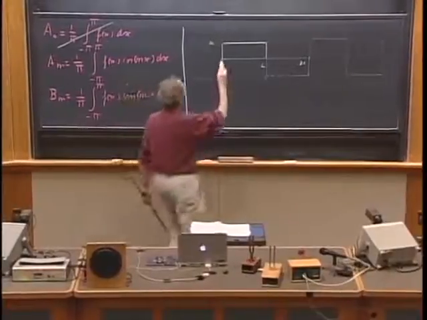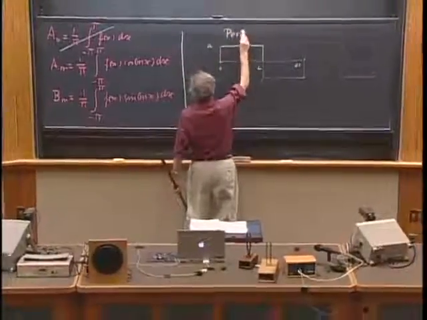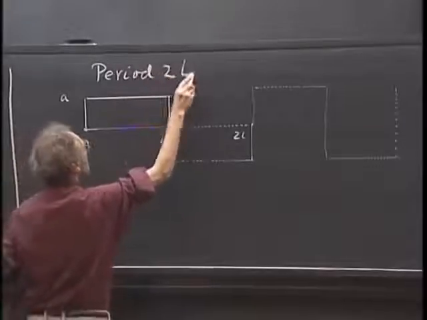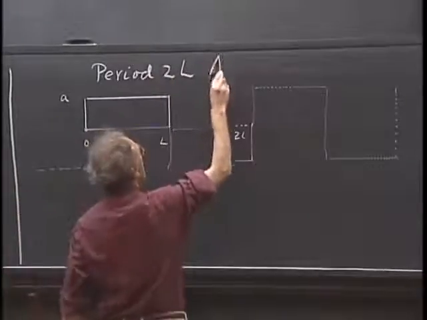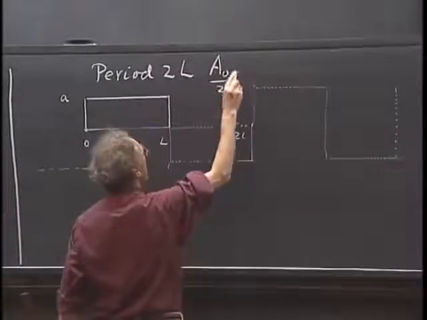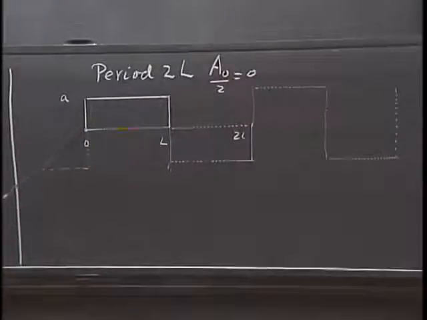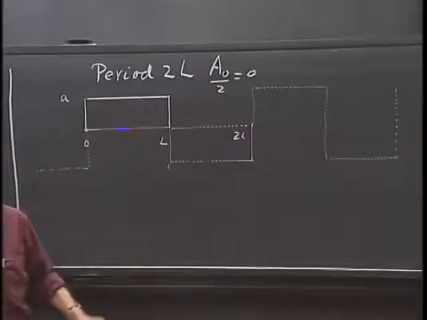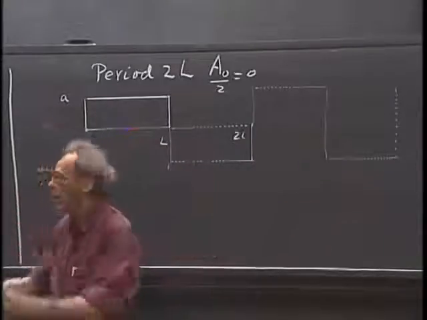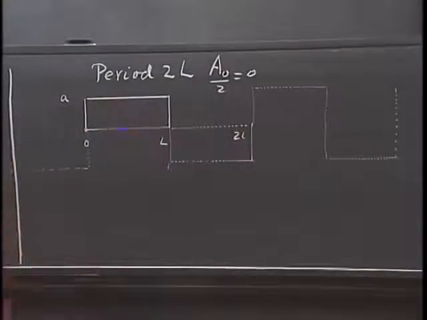Notice that this pattern now, up square, down square, is periodic. So that means my period is 2L. And also notice that by doing that, my a0 divided by 2 is 0, because the average value of this function, which is now defined between 0 and 2L, and much beyond 2L, and below 0, that function has an average value of 0.